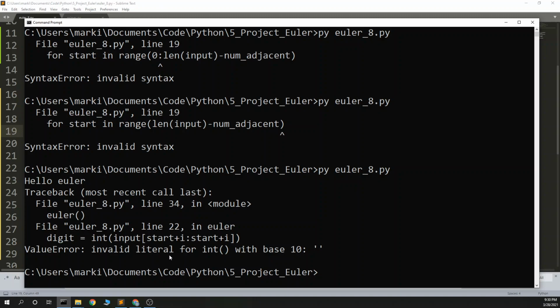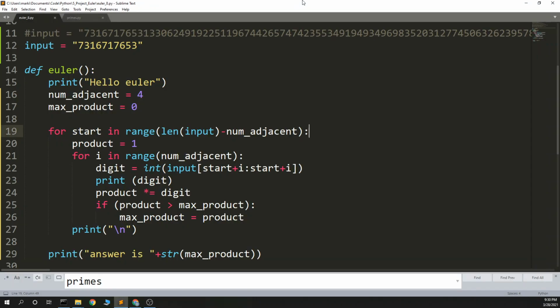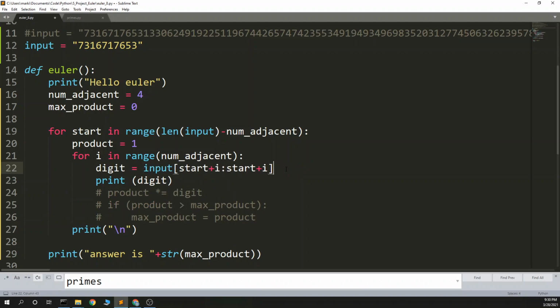Invalid literal for int with base 10. Well, let's just see if we're getting what digits we're getting. That's the first thing. I'm not sure I'm doing that right. So let's see what digits we're getting.